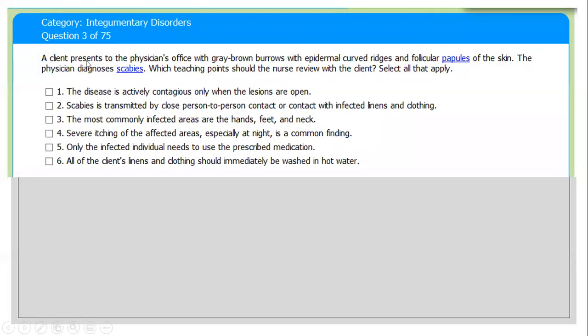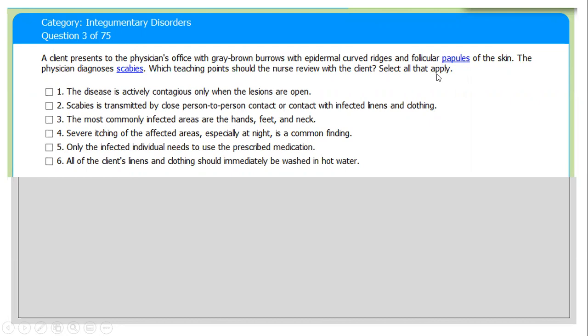Question: a client presents to the physician's office with gray-brown epidermal curved ridges and follicular papules of the skin. The physician diagnosed the patient with scabies. Which teaching point should the nurse review with the client?